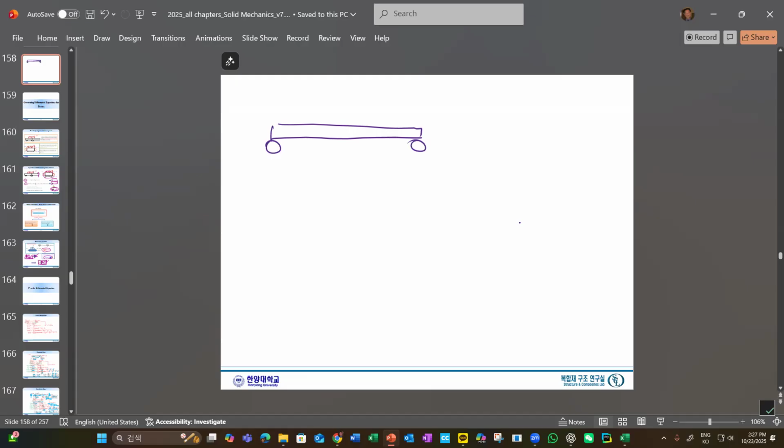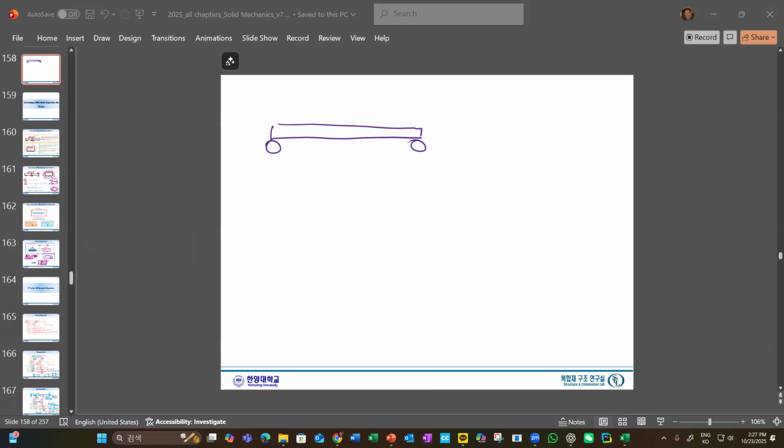Do you have a pen? Everybody should have a pen, right? Support it like this, hold it like that, apply the load at the center, and try to feel where this pen can break. How can we break the pen, and how much force do you need?